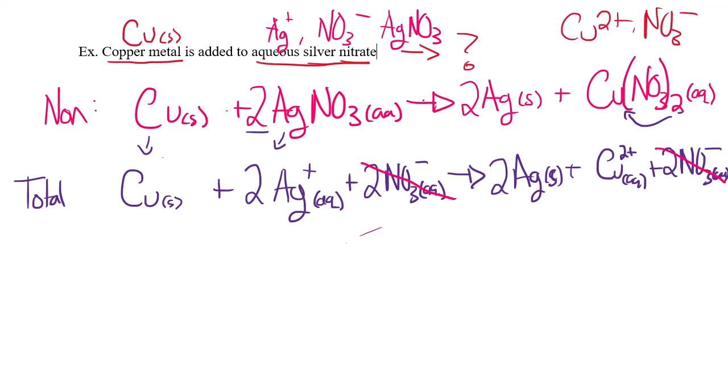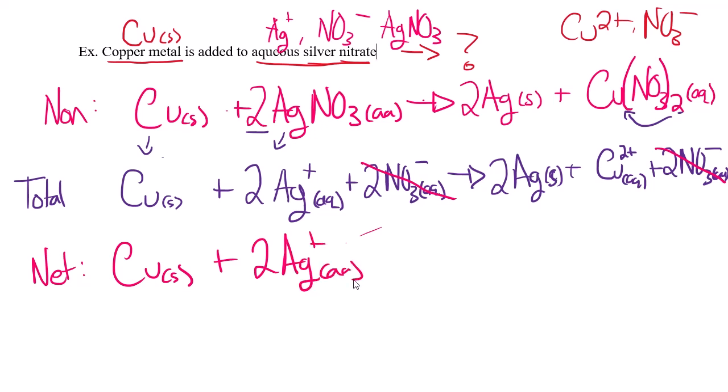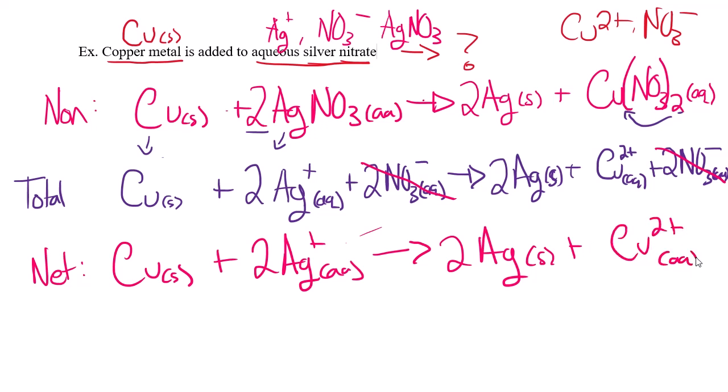Get rid of that guy. I can rewrite what's left. That's my net equation. So the copper plus 2 silvers reacts to give 2 neutral silvers plus copper 2 plus ions. And so here's my net ionic equation.